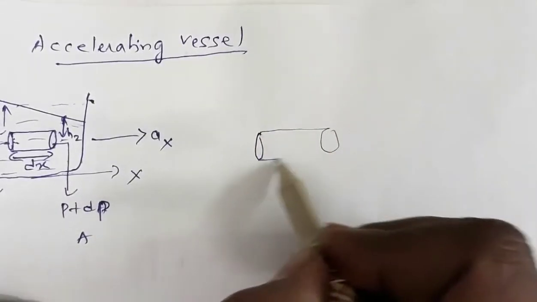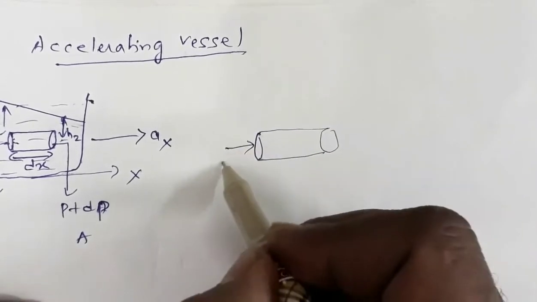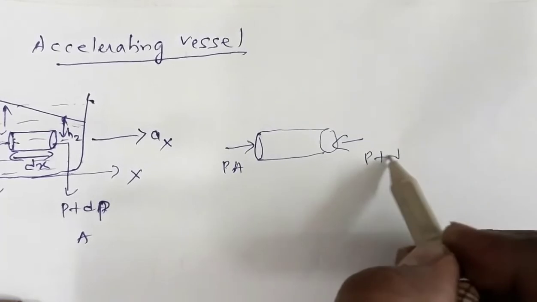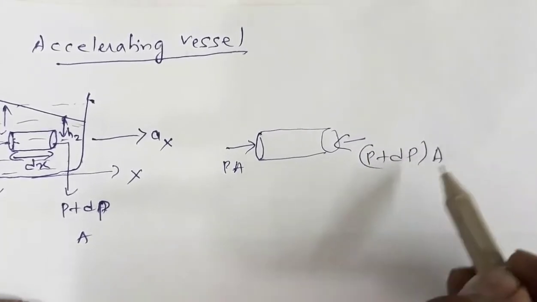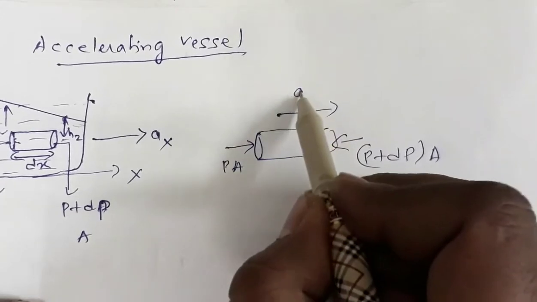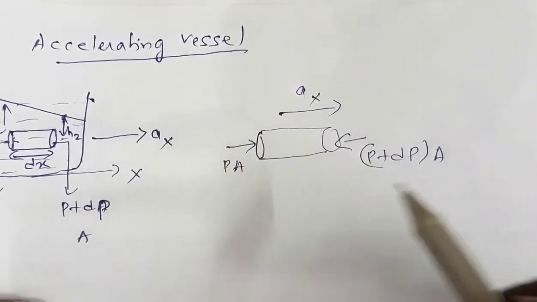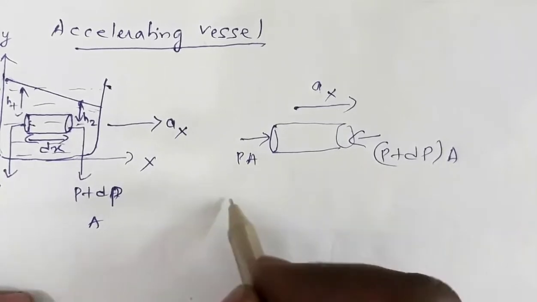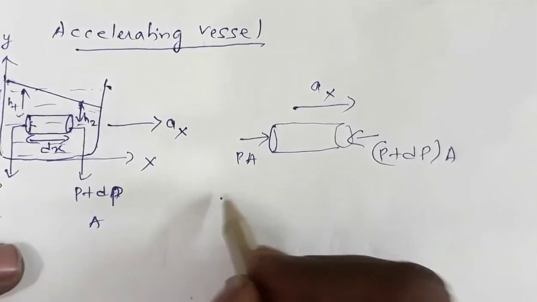For the cylinder, this side force is P into A. This side the force is P plus dP into A. But effectively this system is moving in this direction with acceleration ax.